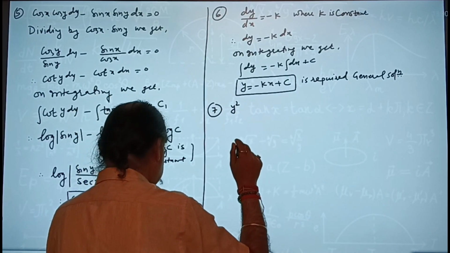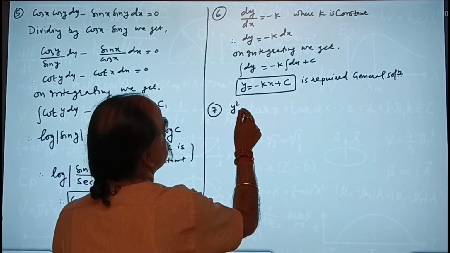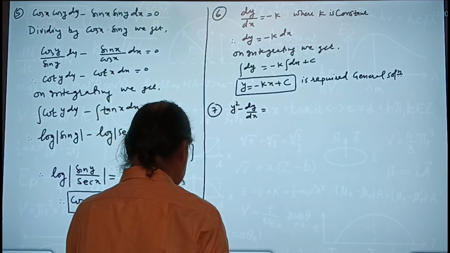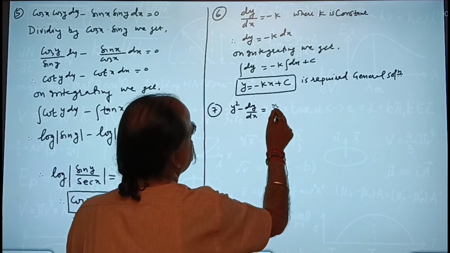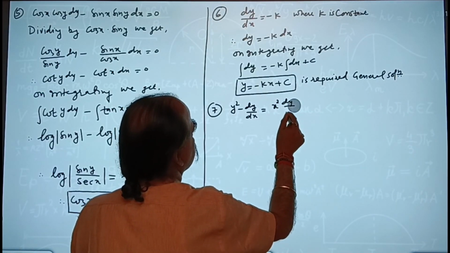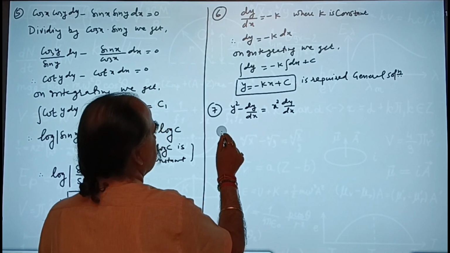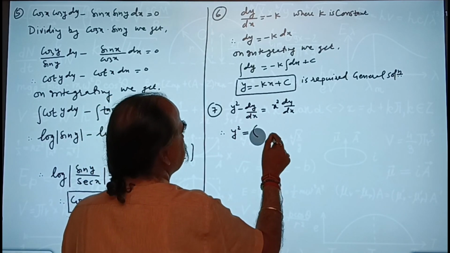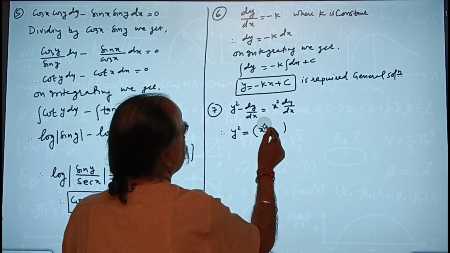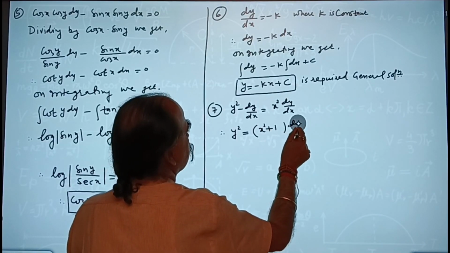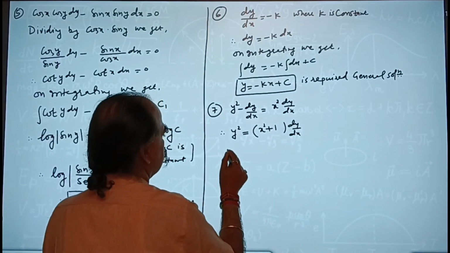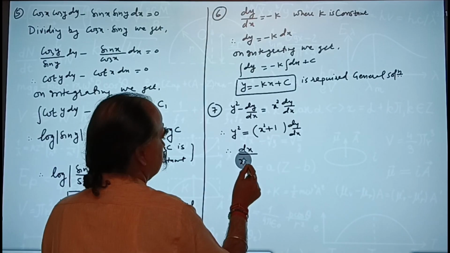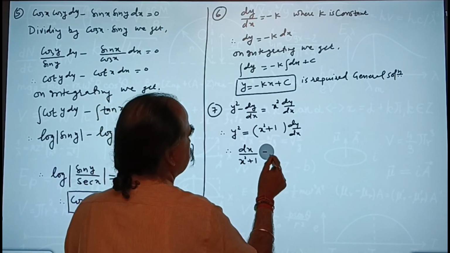y square minus dy by dx is equal to x square dy by dx. y square is equal to this, you transfer and take dy by dx common. So dx upon x square plus 1 is equal to dy upon y square.